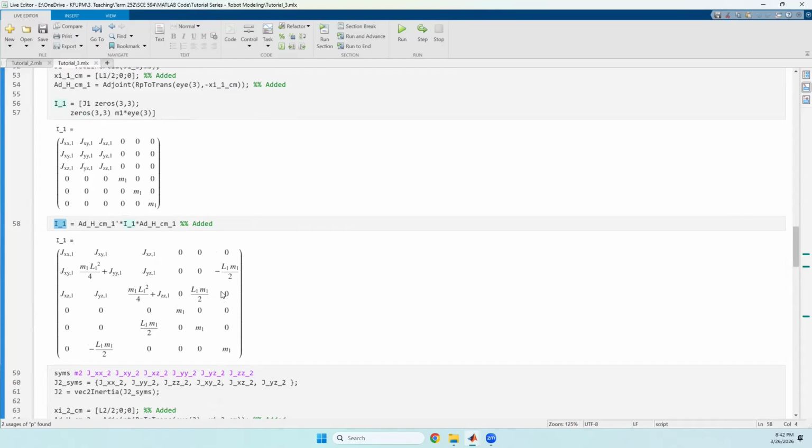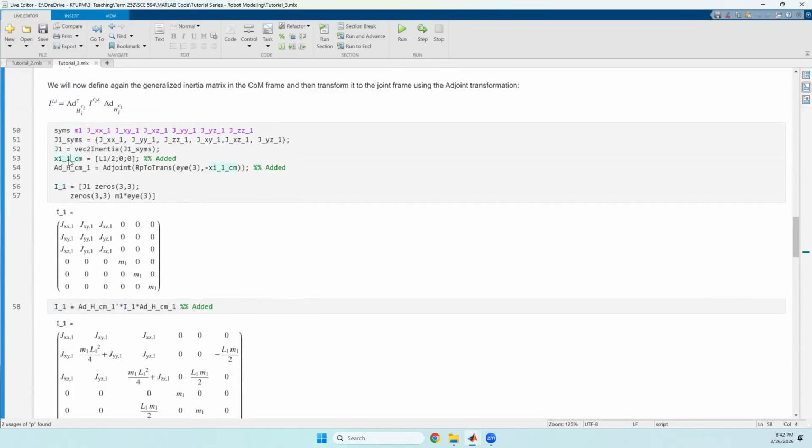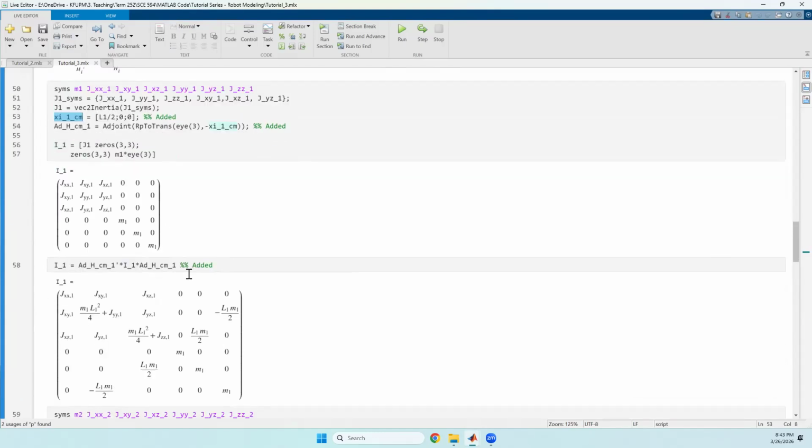What they have in here is simply the mass multiplied by the skew symmetric form of the displacement of the center of mass. You can go back to the expression and you'll find that this is what we have here. The same also for the J matrix, we get some extra terms on the diagonal just because of this transformation.